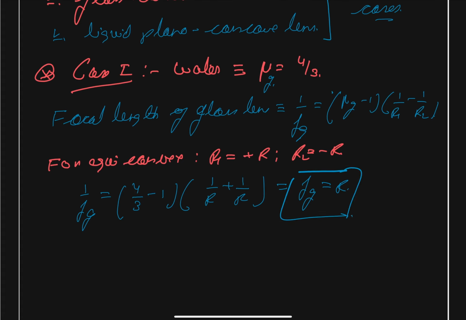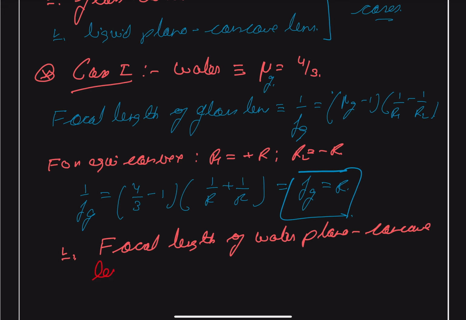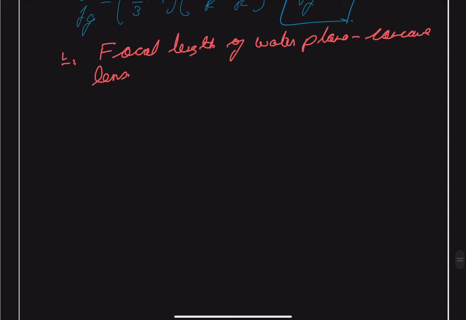Now we come to the focal length of the water plano concave lens. We can write 1 upon F water is equal to (refractive index of water minus 1) times (1 upon R1 minus 1 upon R2).